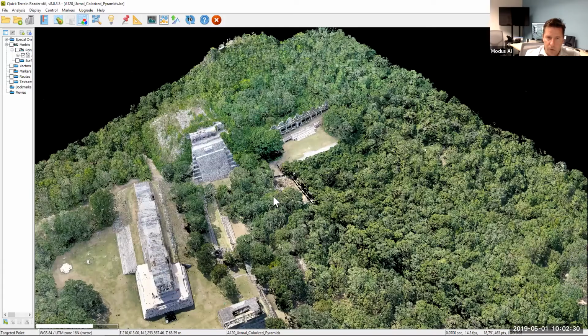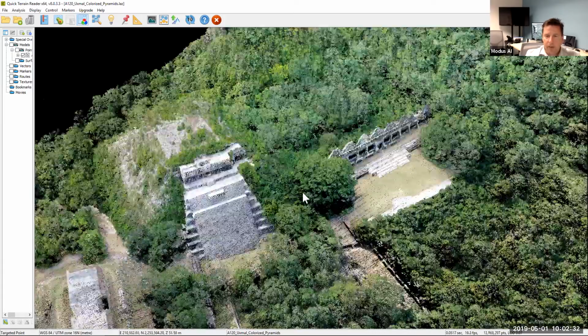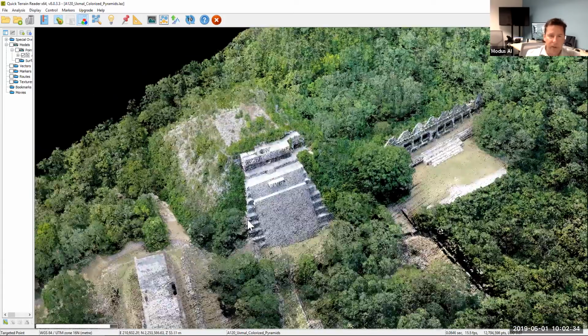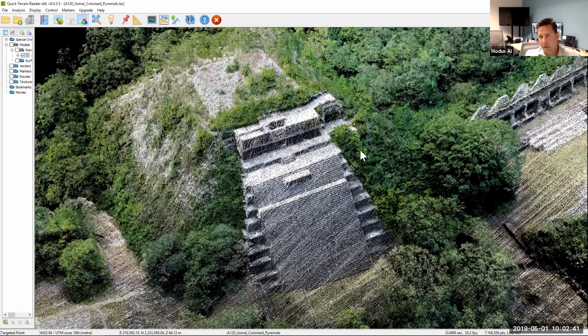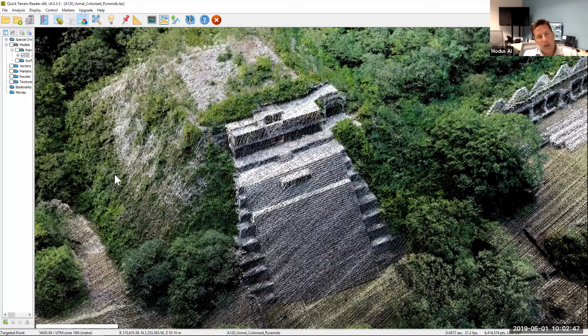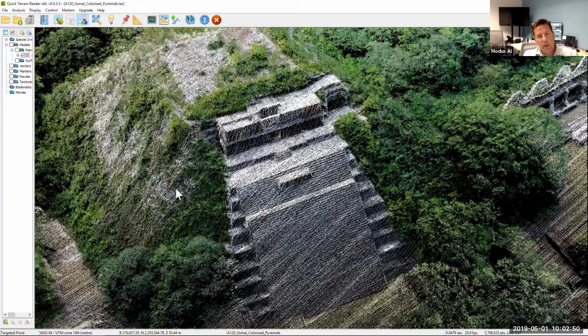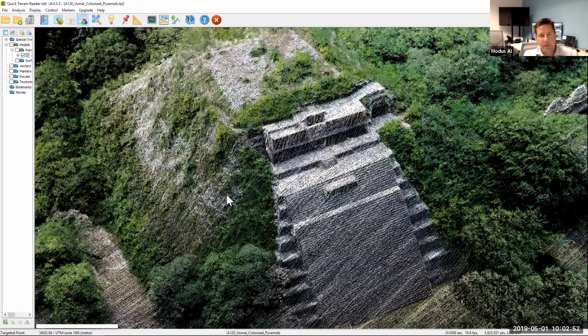What we're seeing now in Guatemala and other places is that all of this is actually covered. We're able to use LiDAR to strip off all this vegetation and start to assess what we're seeing here. You can see this is all filled in, and this isn't stripped out.